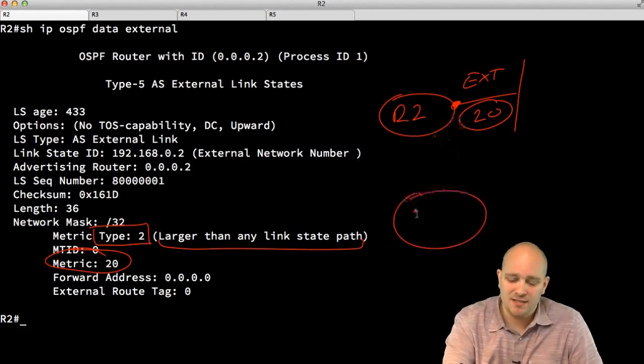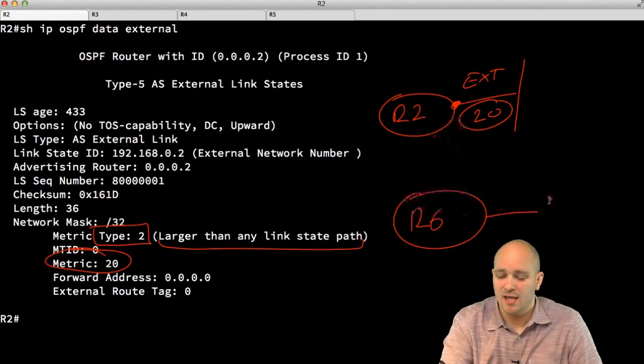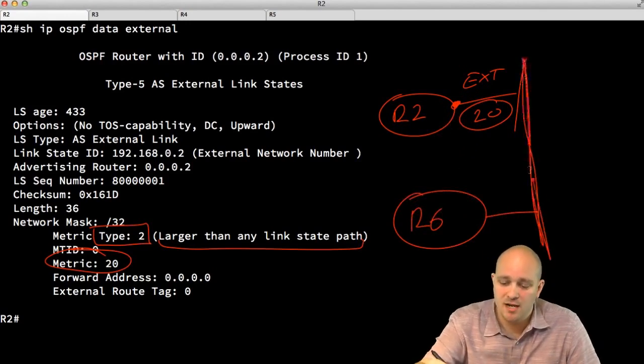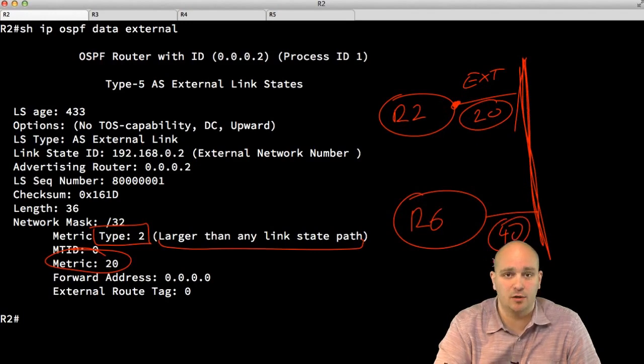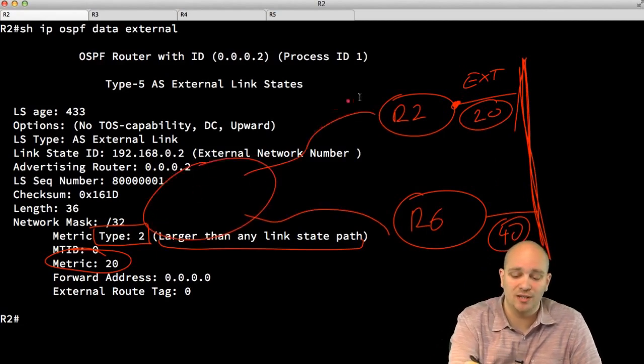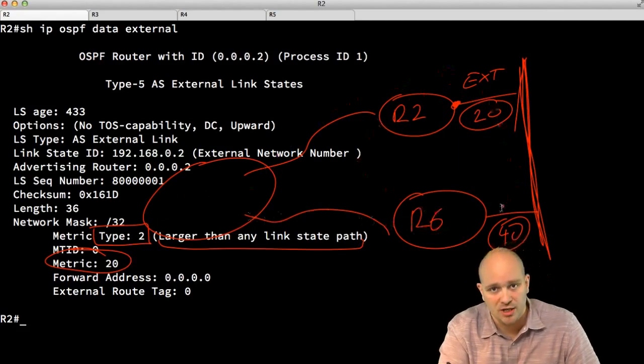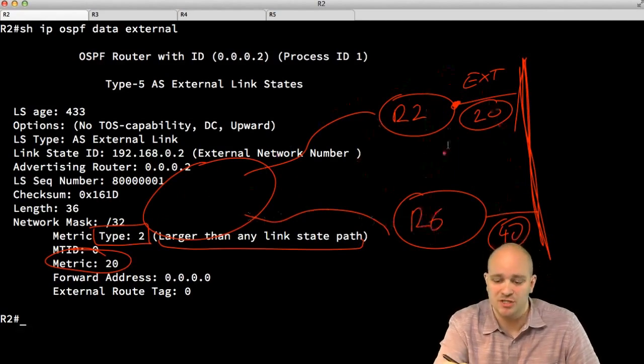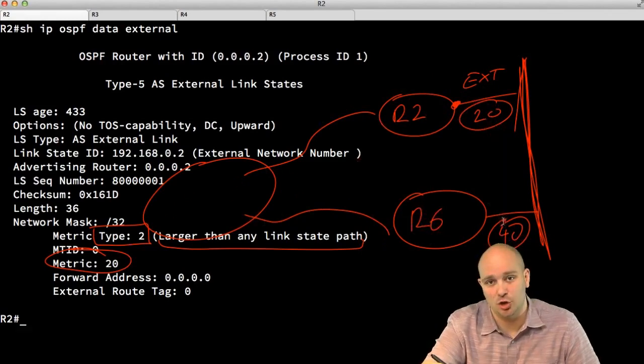That means that if we had, let's say, some R6 here injecting this same network for some reason, and it was injecting it with the external cost of 40, we would prefer this path over this path, regardless of what was the actual cost on the inside to reach these two ASBRs. That means that the external cost is more important to us than the internal cost.